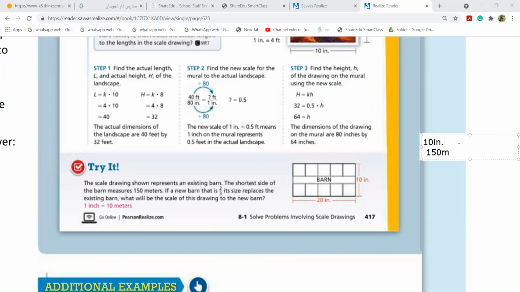So if a new barn that is 2/3 of its size replaces the existing barn, what is the size of the new barn? Okay, this is the size of the old barn. Then let me calculate and explain here.